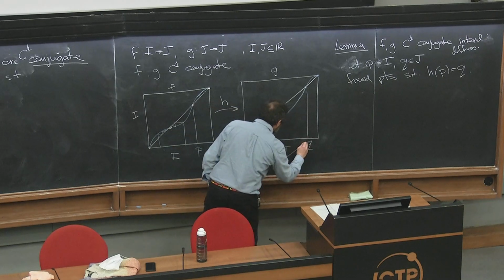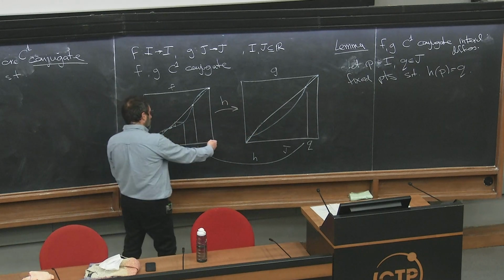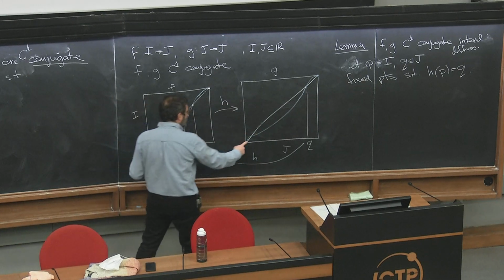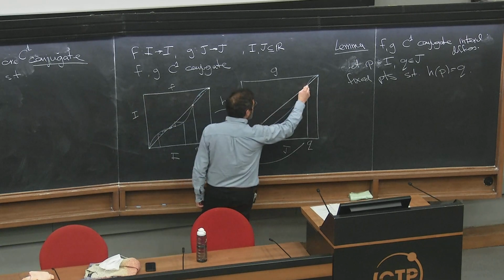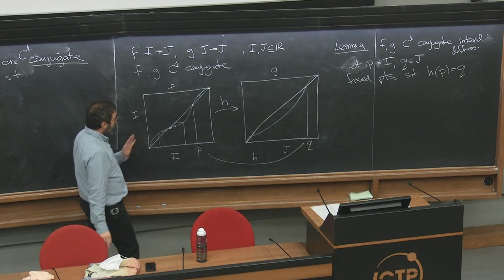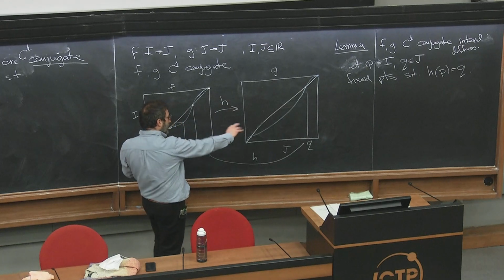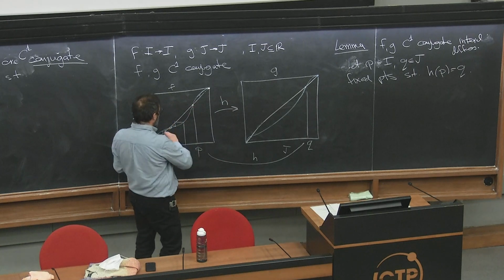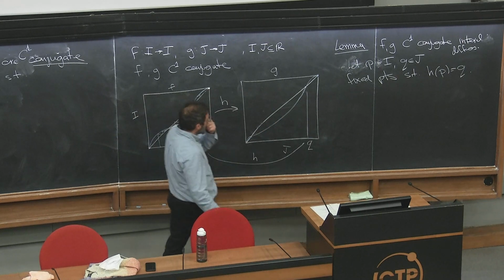So suppose H maps this fixed point. So H is a C1 diffeomorphism. So H is going to map these endpoints to the endpoints and is going to map each of these fixed points to the corresponding fixed point, right? So there's nothing strange about H. Just the fact that it's a homeomorphism already gives you a lot of clues that it must map this in such a way that all the fixed points match.